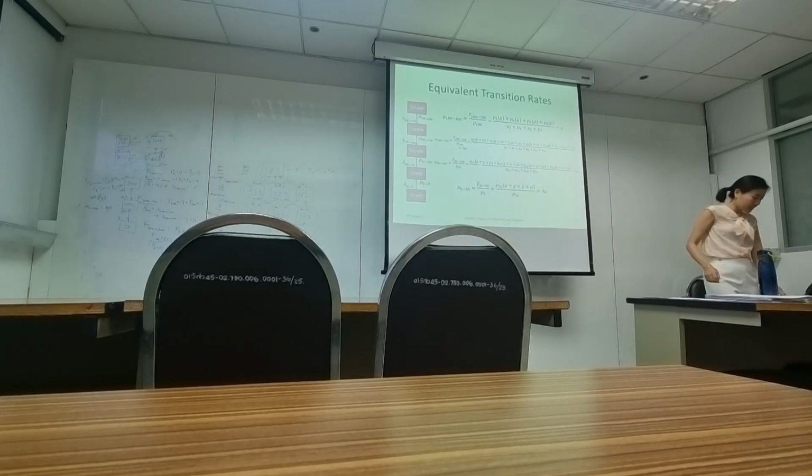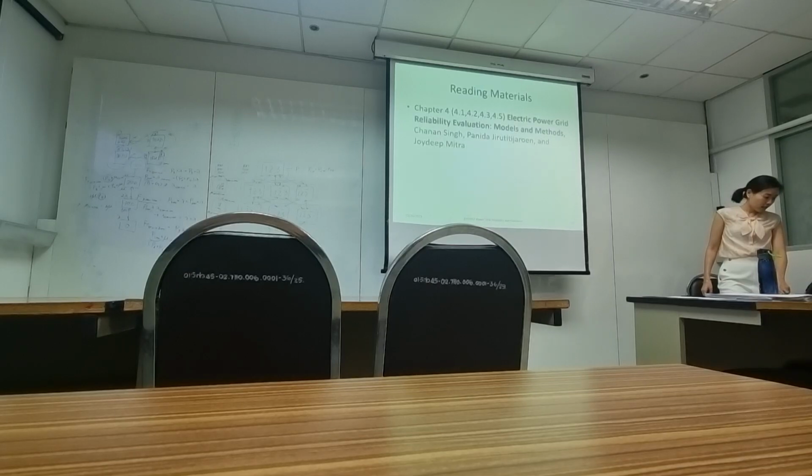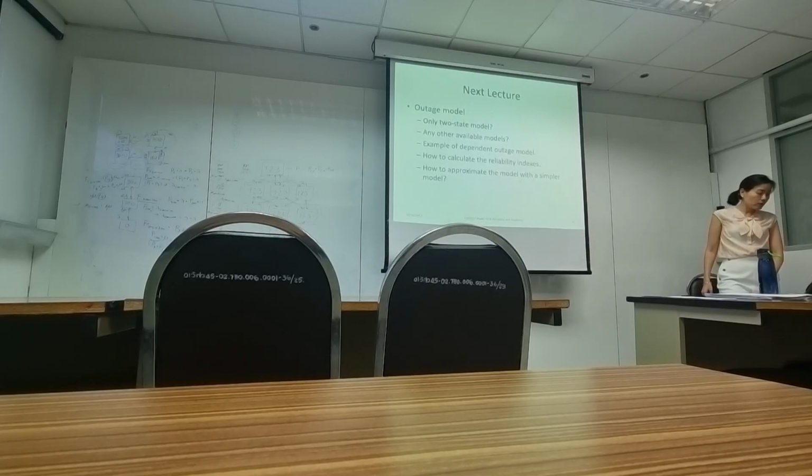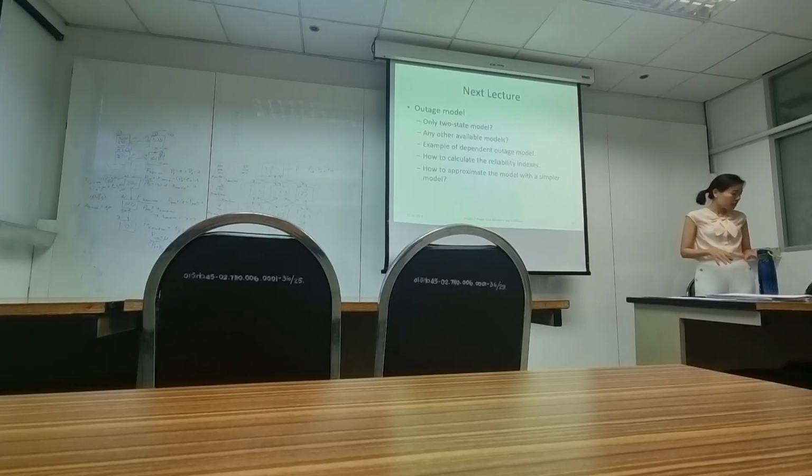Okay, I think that is pretty much what we have done. This is the reading materials. You can take a look at that. So next lecture, what we will do is, you don't normally have just two states. The two states is to explain it in an easier, simplified version.